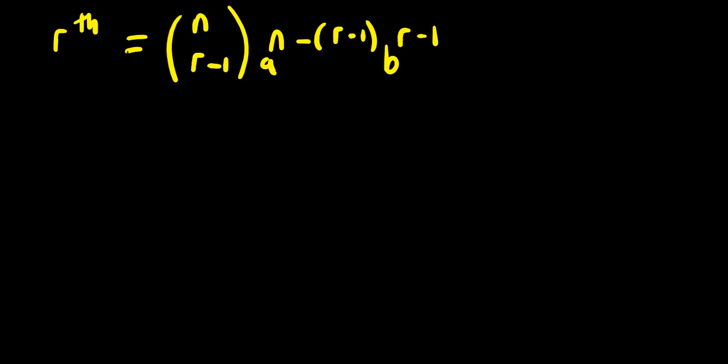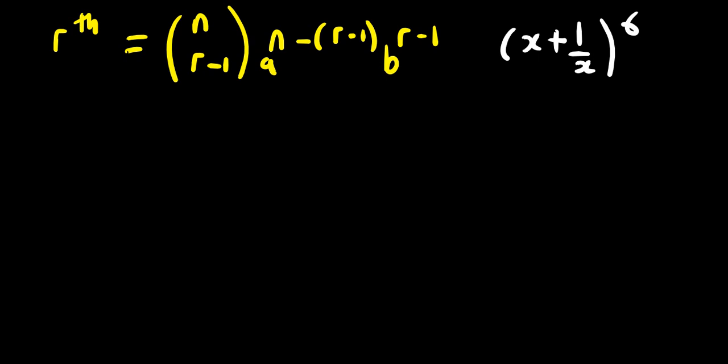Let's say the question they've given you, the binomial, is x plus 1 over x, to the power 6. So how do you find that term that doesn't have any letter attached to it?